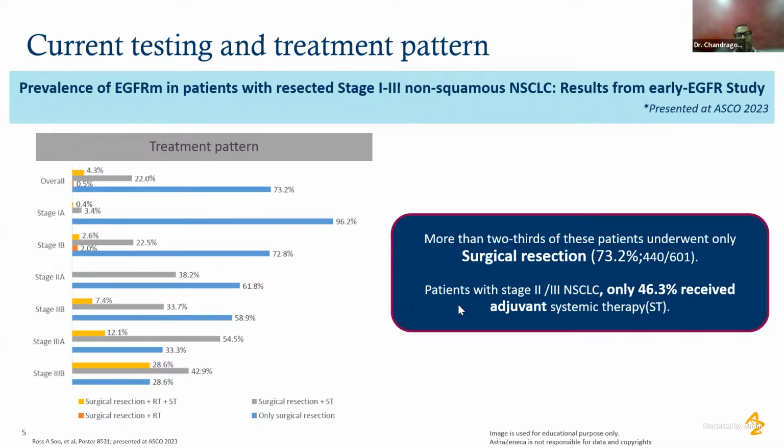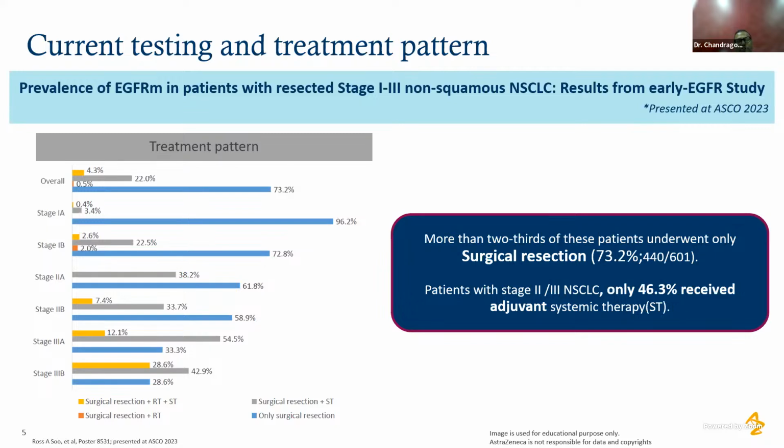This is the current testing and treatment pattern in patients with EGFR mutation in stage 1-3 non-squamous cancer. Again, the same paper. What you can make out here is that more than 2/3 of the patients in stage 1 to 3 underwent only surgical resection. In the bar diagrams, the blue one mainly constitutes surgical resection.